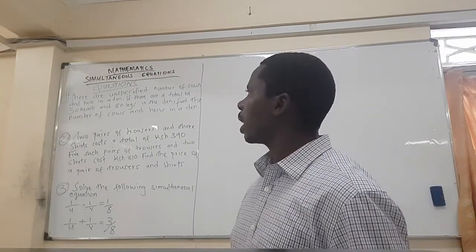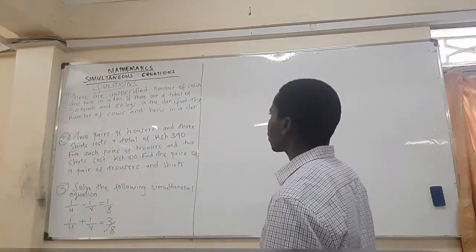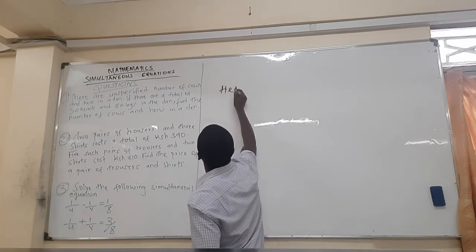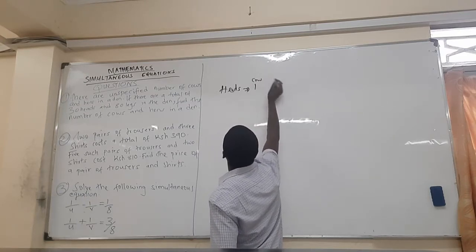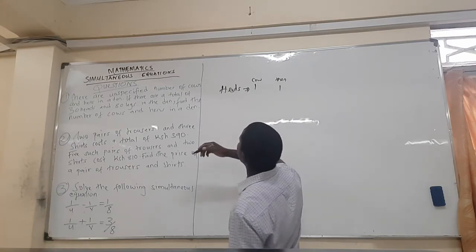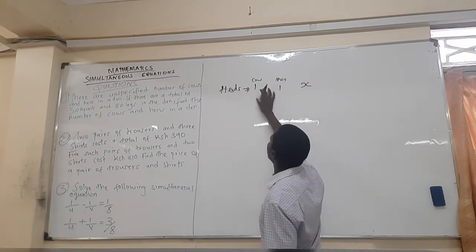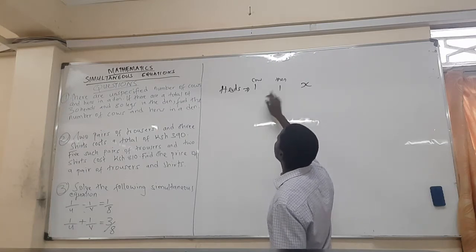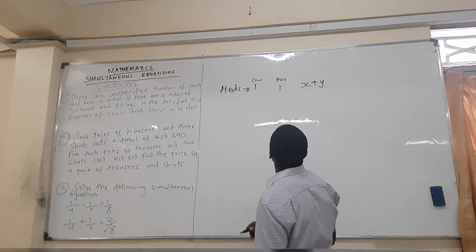From that story, we first form a simultaneous equation. Let's look at the heads. A cow has 1 head, and a hen has 1. Let's say we have X cows, since we don't know the number of cows, and Y hens.